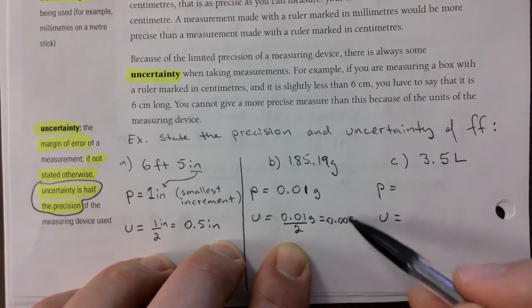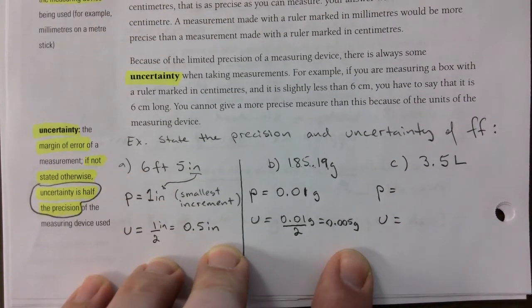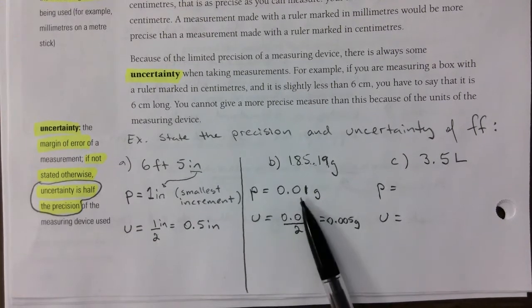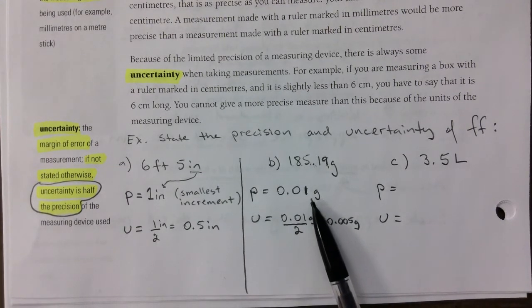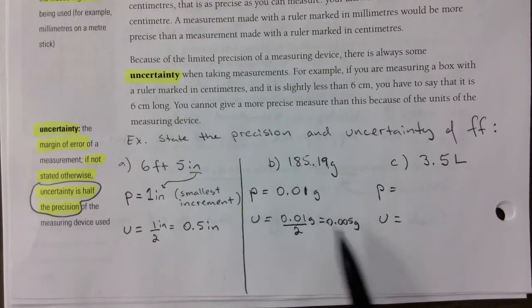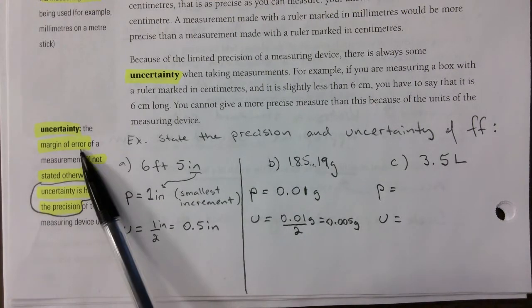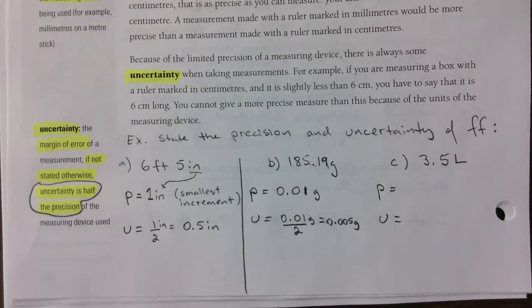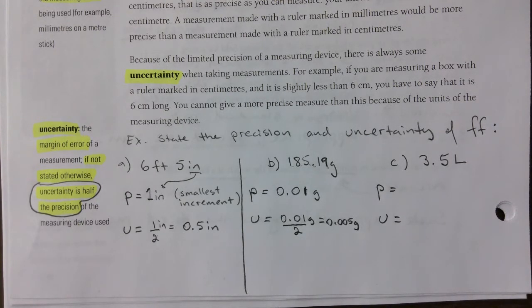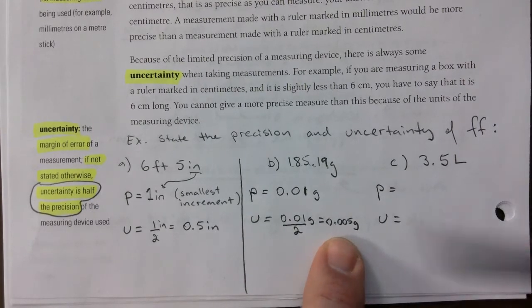So you match the units that you had all along. In this case, your precision is up to 0.01 of a gram. And uncertainty, remember, is a margin of error. You could be off by this much on the higher end or lower end. You could be off on either end. So that's the assumed uncertainty. Let's cut it here.